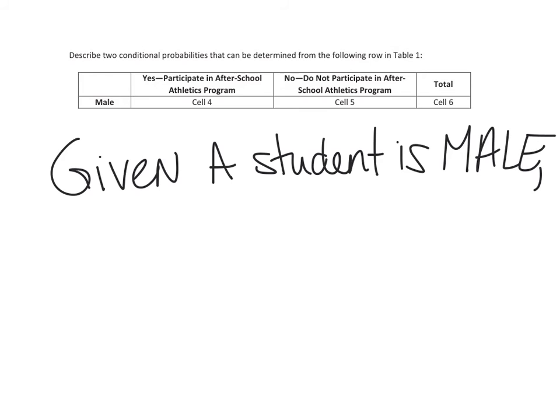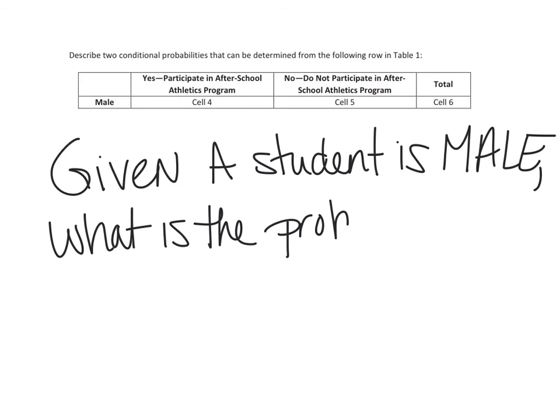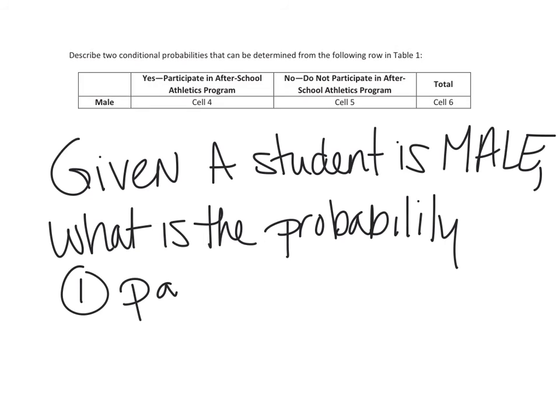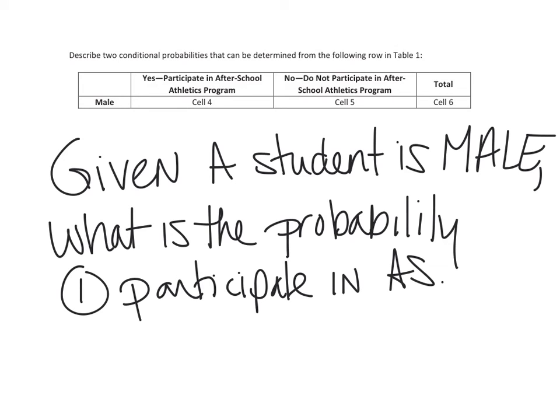Now I could ask two different questions. I'm going to break it up into two questions. One, what is the probability that they participate in after-school athletics? Or two, given a student is male, what is the probability that they do not participate in after-school athletics?